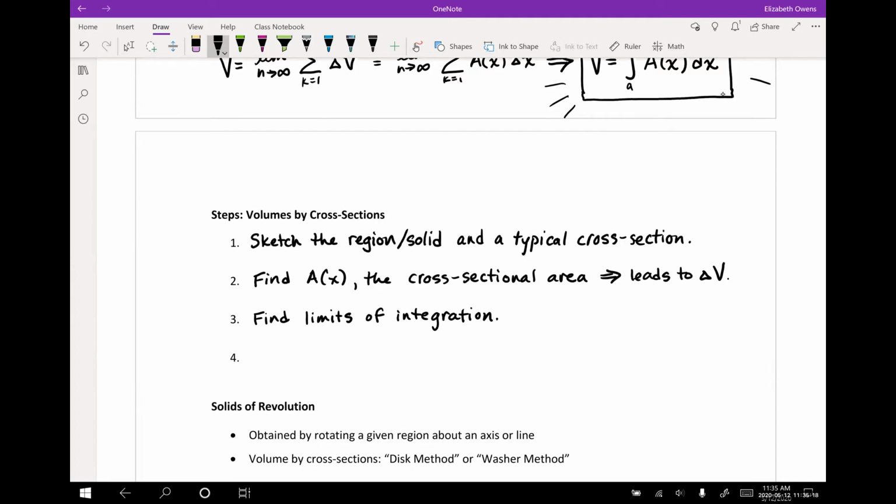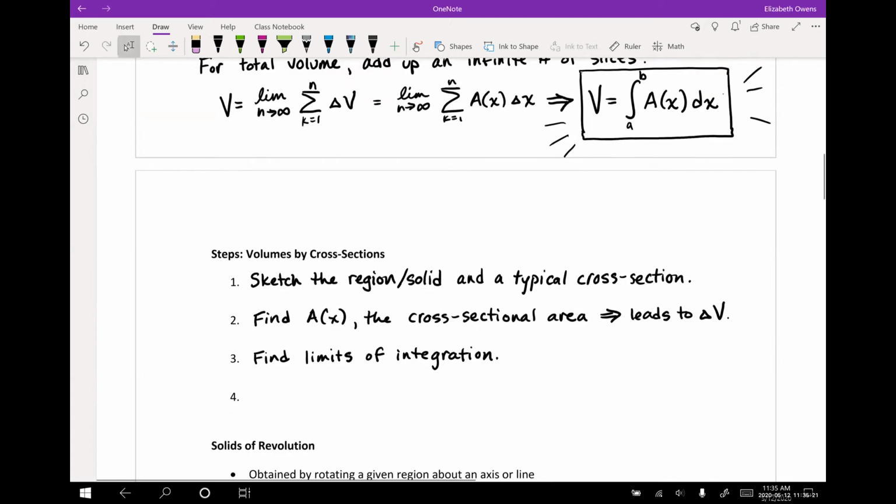So once you have the cross-sectional area, that gives you the delta V expression, and you can integrate that cross-sectional area, A of X dx, like so. And so that's going to be your last step. To find the volume, use our little equation right there, V equals the integral from A to B of A of X dx.